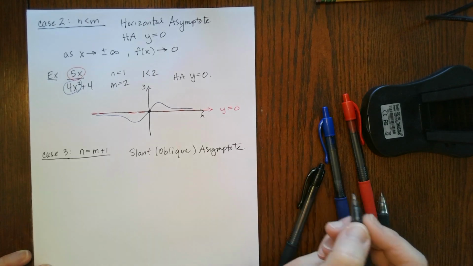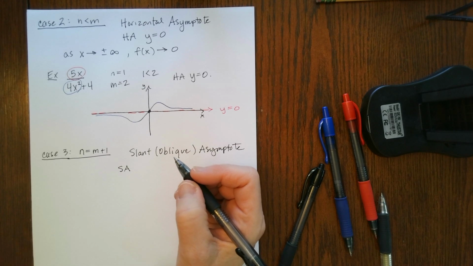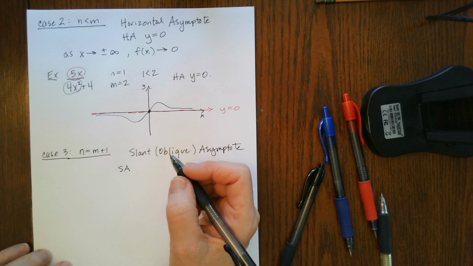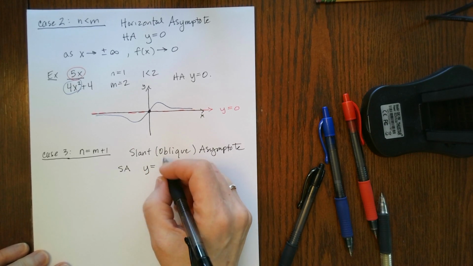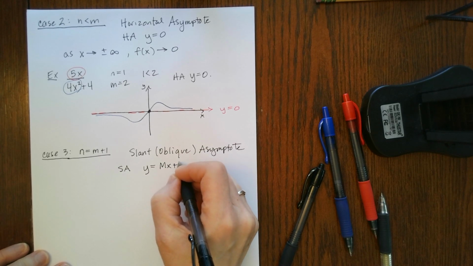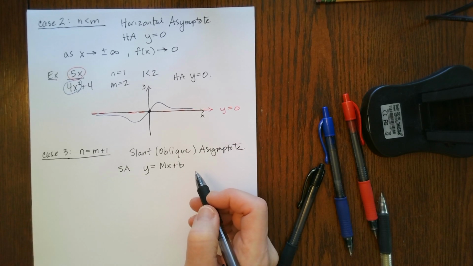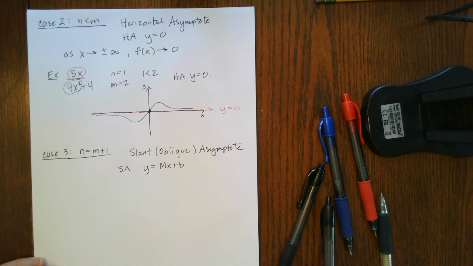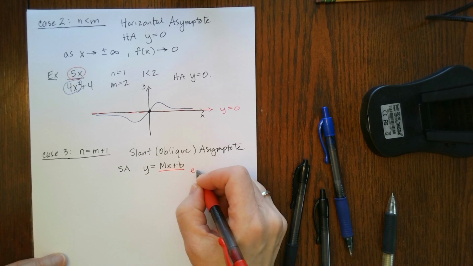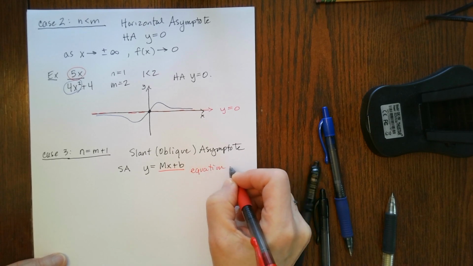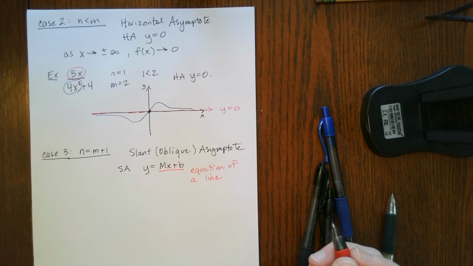And the equation of the asymptote, let's abbreviate it as SA, is going to be y equals mx plus b, where this is an equation of some line which we would need to find. So this right here is going to be an equation of a line with slope m and y-intercept b.